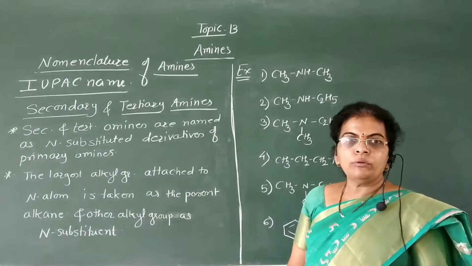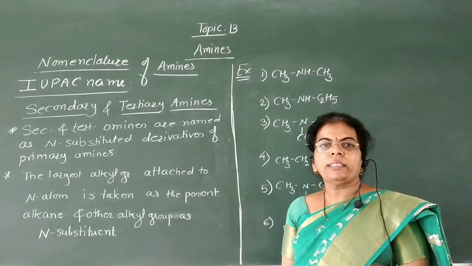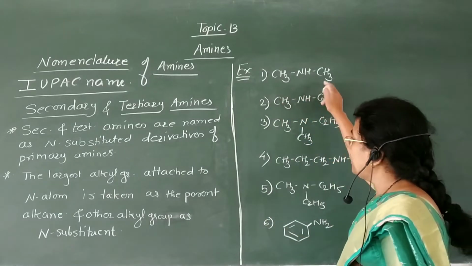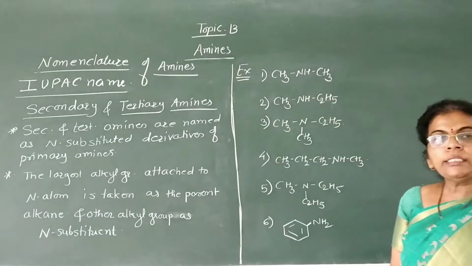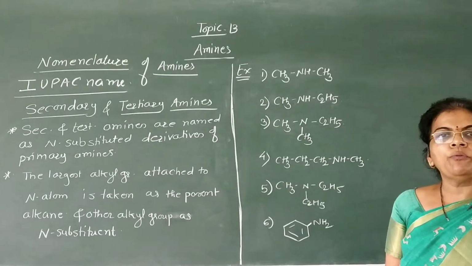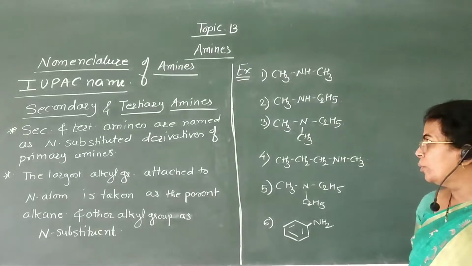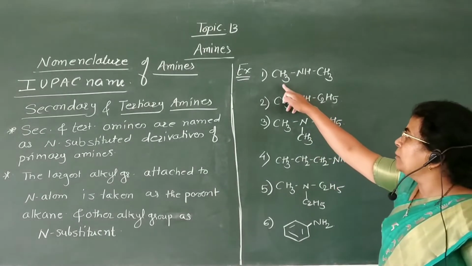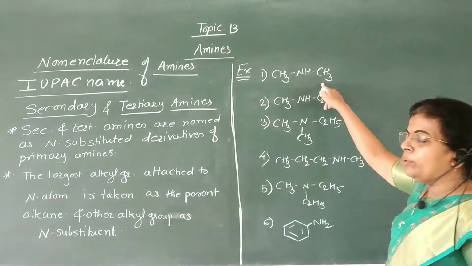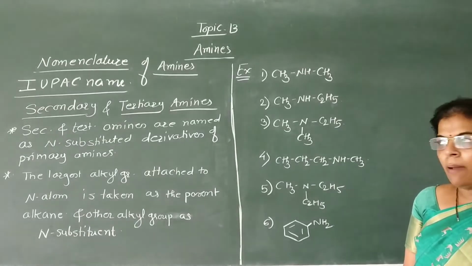Now we are going to understand these 2 rules by using some examples. Now here CH3NHCH3. It is example of secondary amine in which 2 hydrogen atoms from ammonia are replaced by 2 methyl group. Now in this case, this nitrogen is bonded to 2 methyl group. Therefore it is example of simple amine.